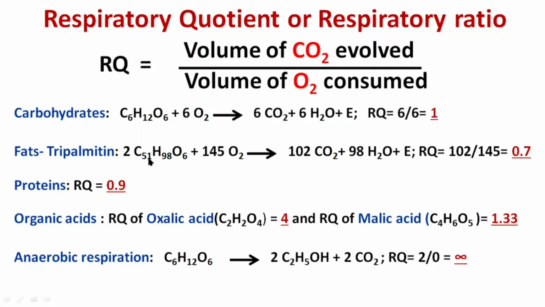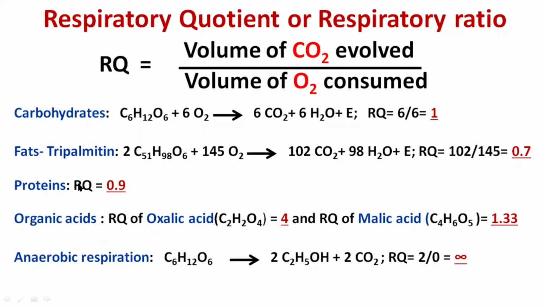In the case of tripalmitin, the number of oxygen atoms is lesser than the number of carbon atoms. So these carbons, in order to undergo complete oxidation, require more oxygen molecules from outside. So totally 145 molecules of oxygen are required to release 102 molecules of carbon dioxide. That is why the RQ value is lesser than 1, because the numerator is lesser but the denominator is more.